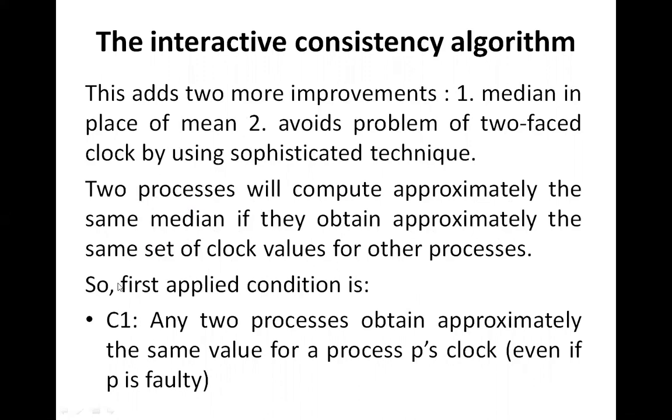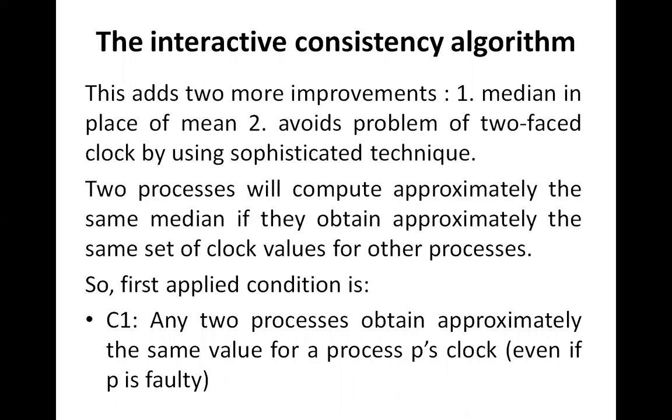So whenever we impose the condition, there are first applied conditions. The first applied condition for the interactive consistency algorithm is that any two processes obtain approximately the same value for a process P's clock.